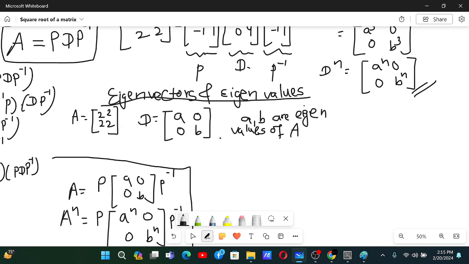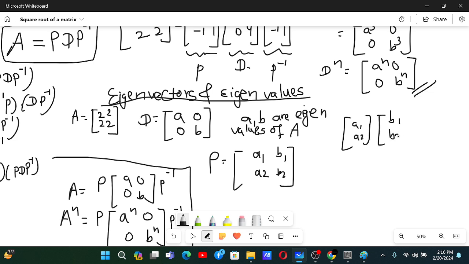And to find the P, if P is A1, A2, B1, B2, let's say, then A1, A2 and B1, B2 are just the eigenvectors of matrix A. So there are basically two distinct eigenvectors and two distinct eigenvalues. Then we can have the diagonal matrix and the P matrix, the eigenvectors of matrix A.